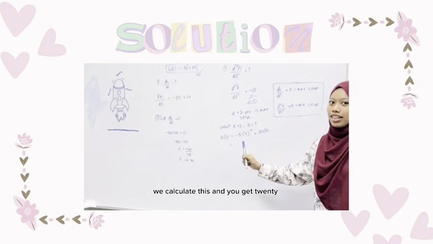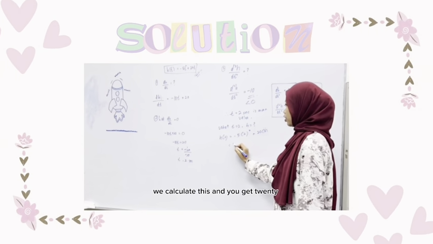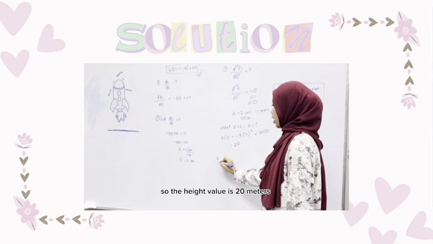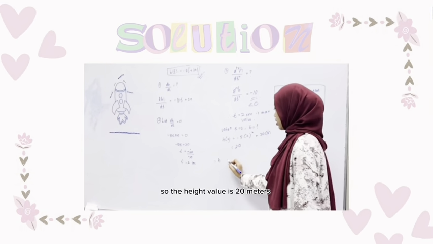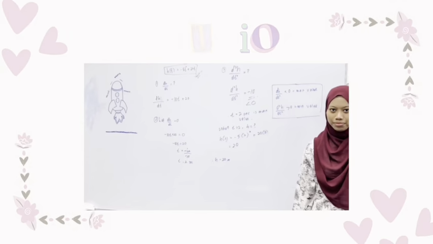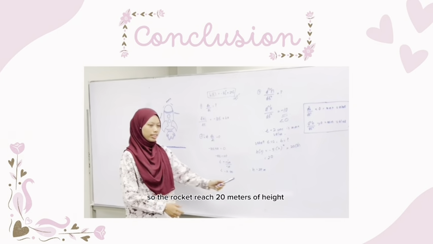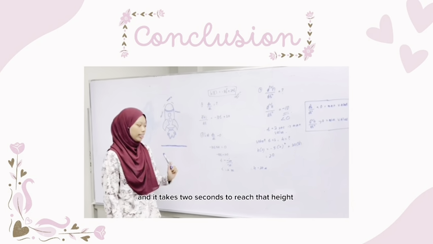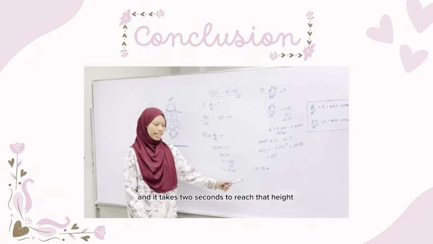We calculate this and we get 20. So the height value is 20 meters. Okay, the rocket reaches 20 meters of height and it takes 2 seconds to reach that height.